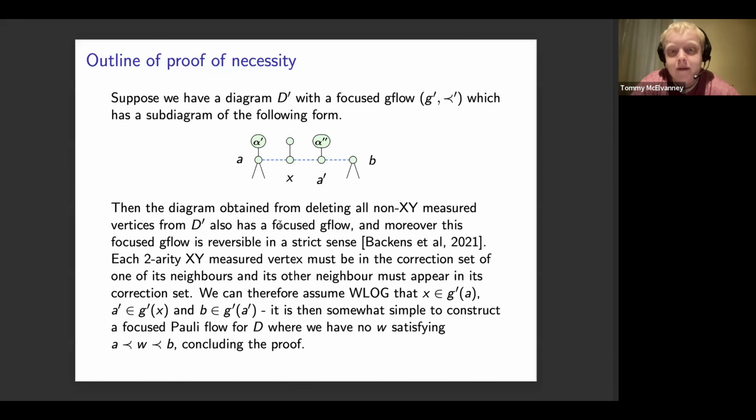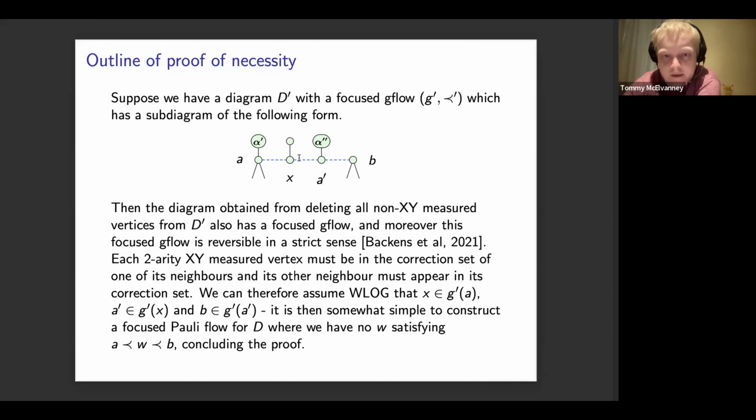So if we have this diagram, we can just assume it's all XY measurements, or in the case where it's not all XY measurements, we can just delete them all. If we have a focused G-flow, what we know is that all focused G-flows are reversible. And so what this means is if we can run this whole diagram one way, we must be able to run it the other way.